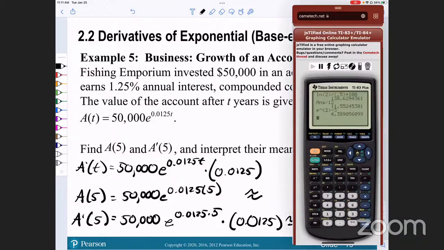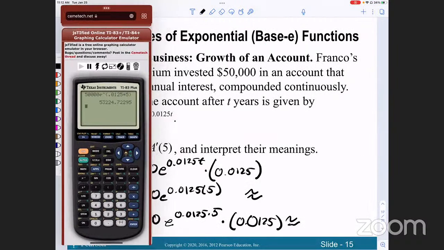So let's see, for the first one, 50 e to the 0.0125 times 5. That gives us 53,224 and approximately 72 cents. Okay.